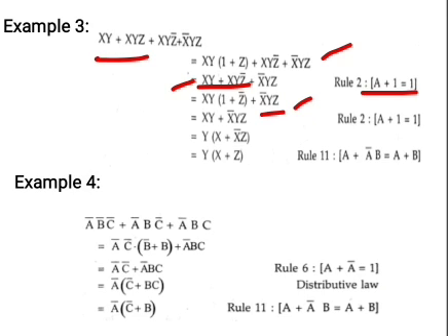So I am taking the common y in these two terms, y into x plus x complement z. You know A plus A complement B equals A plus B. So therefore x plus x complement z equals x plus z. So that equals y into x plus z.